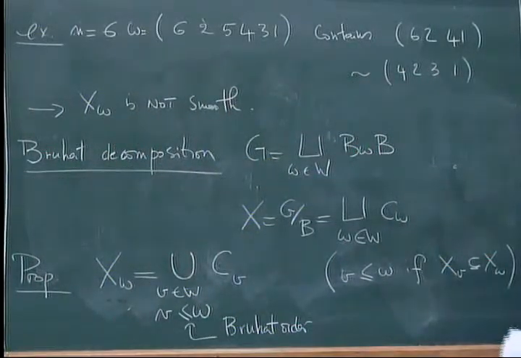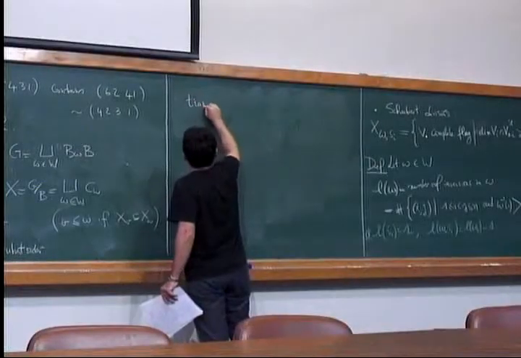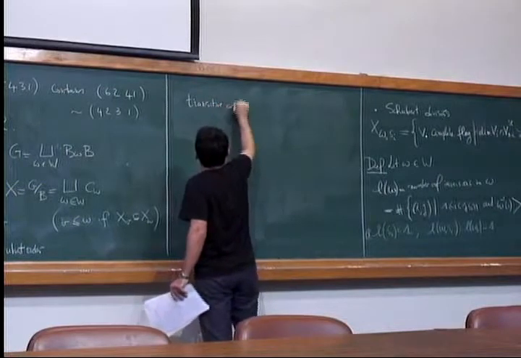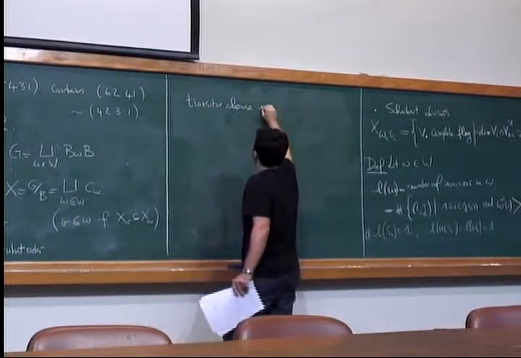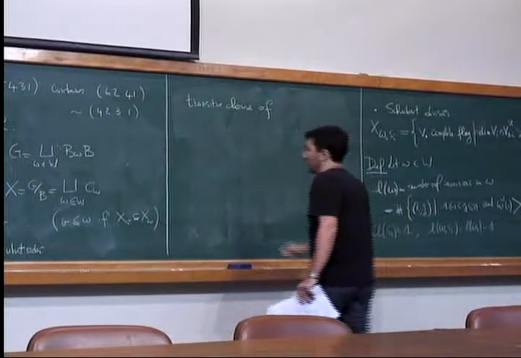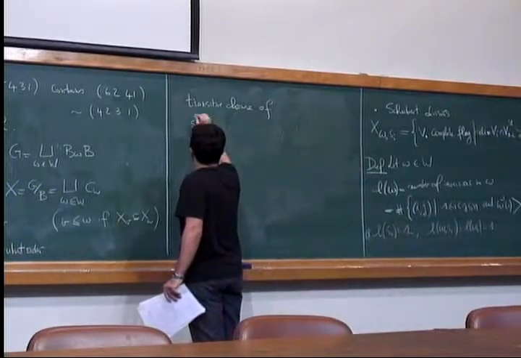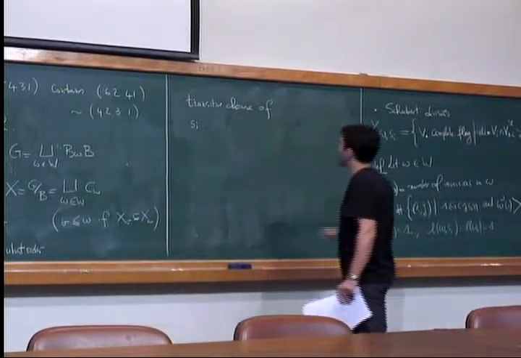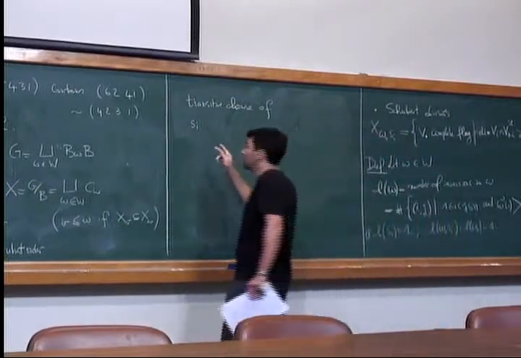There are a lot of ways to describe the Bruhat order on the symmetric group. One way to describe it is to say that it is the transitive closure of the following: you start with one of the very special transpositions we have already introduced.